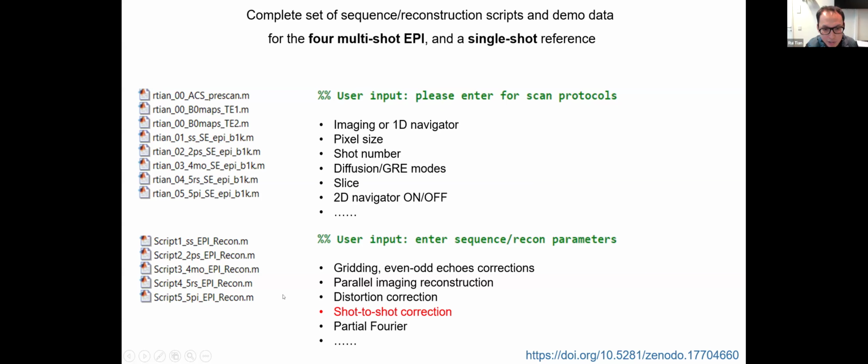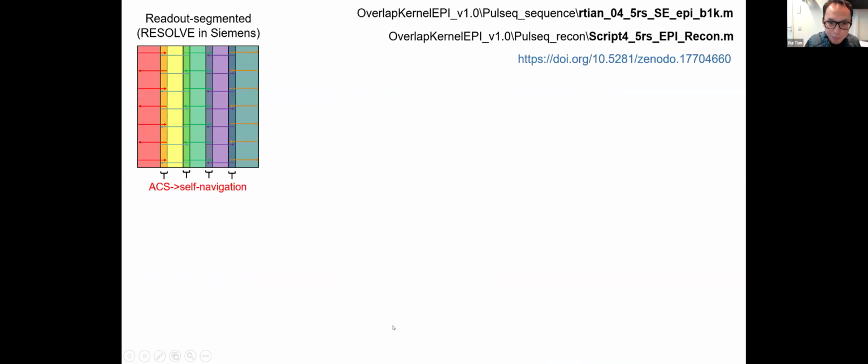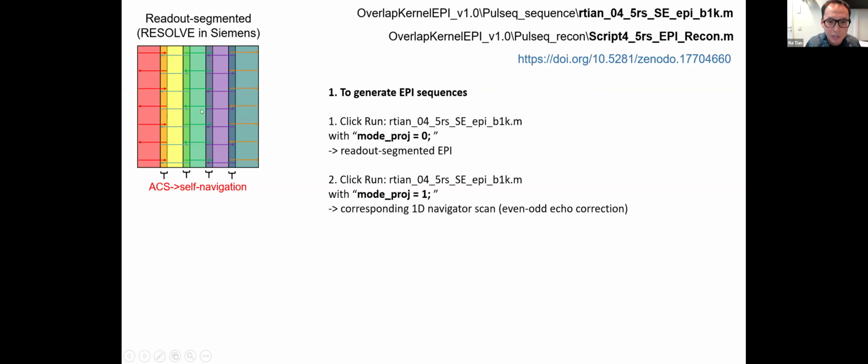And so the reconstruction can go through all these functions like gridding, parallel imaging reconstruction, distortion correction. And this is our shot-to-shot phase correction, and also partial Fourier and so on. So take as an example this Zenodo package for this readout segmented self-navigated EPI.